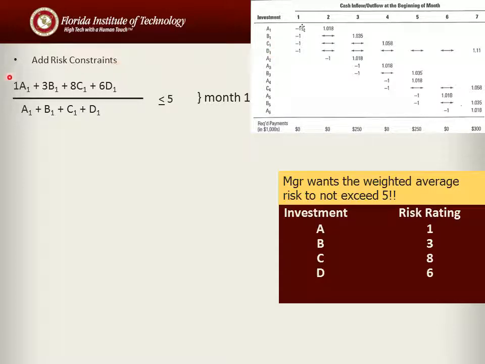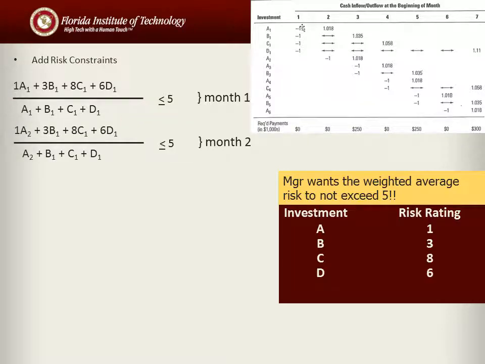So 1A1 plus 3B1 plus 8C1 plus 6D1, and I'm using here as coefficients the risk ratings associated with each of the possible investment opportunities. That is going to give us the total risk level, if you will, associated with those investments. If you divide by the total amount that was invested, that's going to give you a weighted average. Okay, so the weighted average here must be less than or equal to 5.